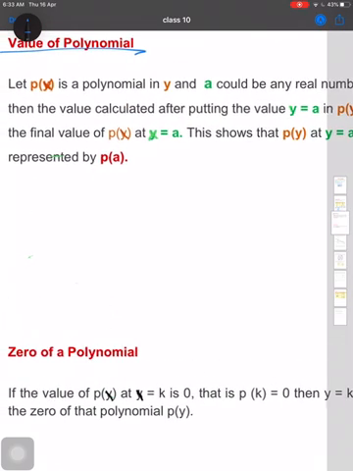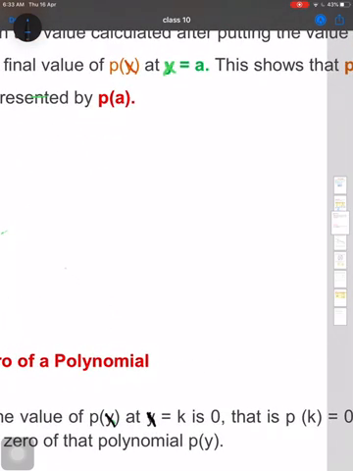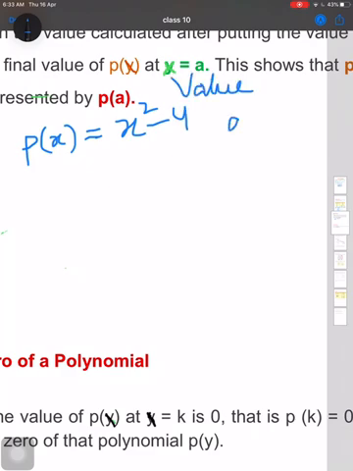Now the next one is value of a polynomial. How can you find out the value of a polynomial? So for this, suppose you have p(x) equals x square minus 4, and you have to find the value of this polynomial at x equals to any value. I'm taking 1. So you know how to find out that.